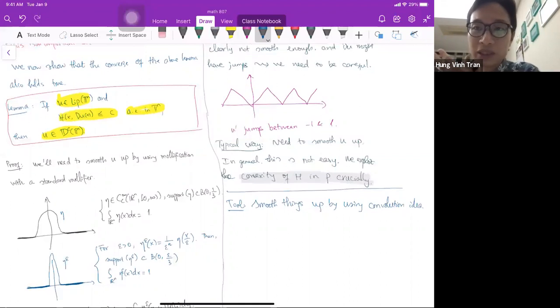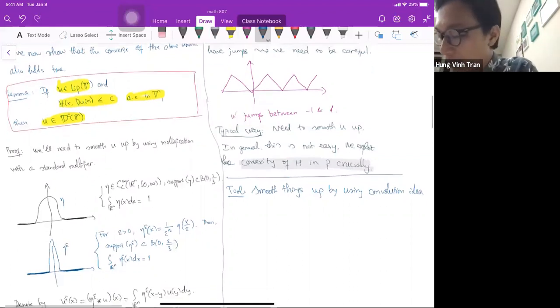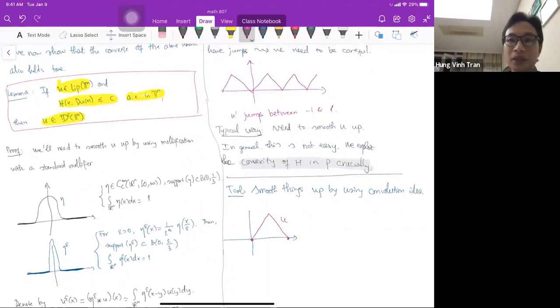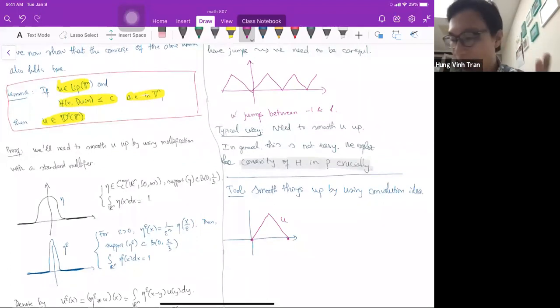but convolution here means what? Roughly speaking, it's a good thing that I drew the earlier picture here. So for example, if you have this function, this is u, that is not smooth enough. So what we do is that we take a kernel, right? I'll explain eta epsilon. What we do is that we take a kernel eta epsilon of these types, okay?